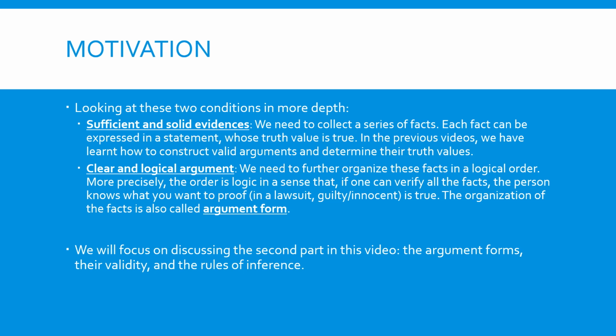For the second part, we need to organize the evidence or statements in a logical way. The organization of the pieces of evidence or statements is called argument form. A good or valid argument form should make it clear to people that if all pieces of evidence are true, then we know what needs to be proven is true. In this video, we will focus on discussing argument forms.